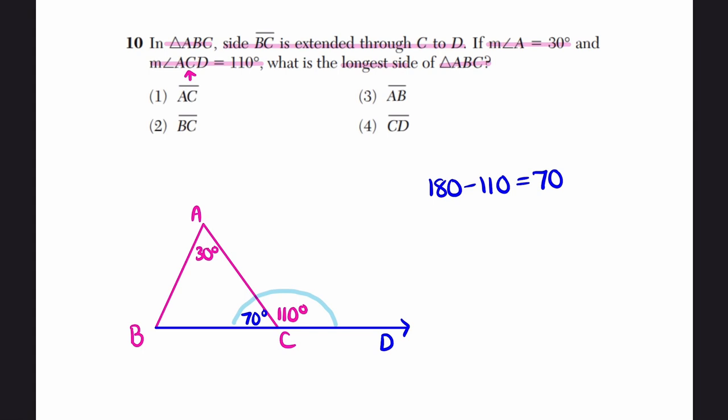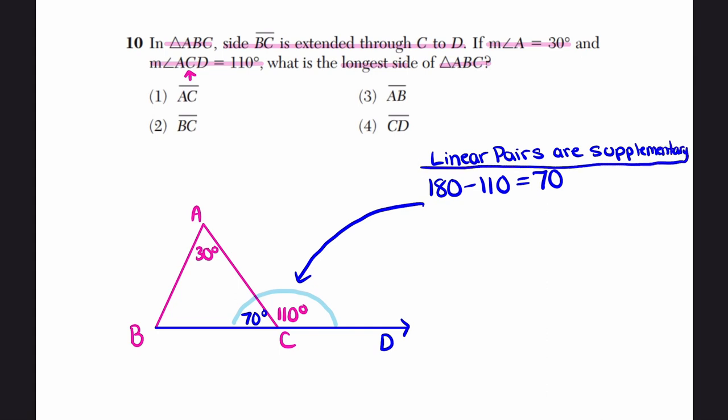And that's great because now we can look inside that triangle, right? I'm going to put this arrow here, and I'm going to remind you that it was linear pairs that helped me to make that equation. So linear pairs are supplementary. Okay? And now I'm going to take a look at the angles inside that triangle. So inside a triangle, we know that angles in a triangle add to 180 degrees as well, right?